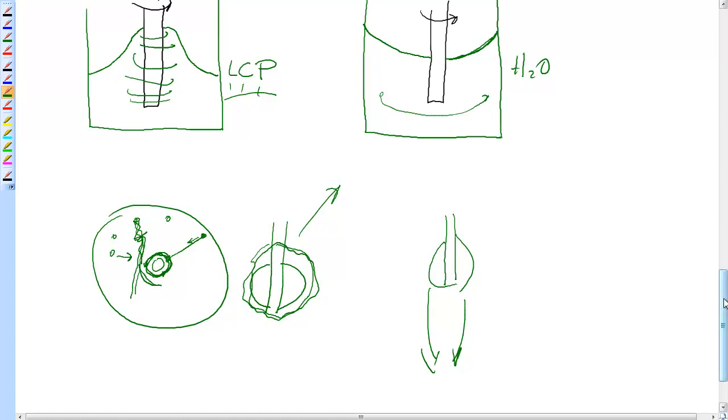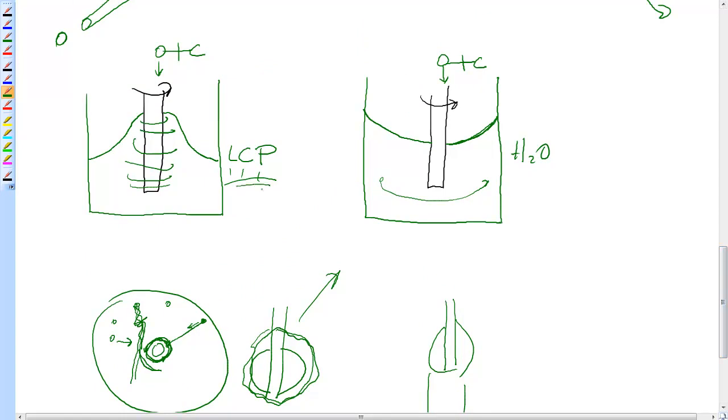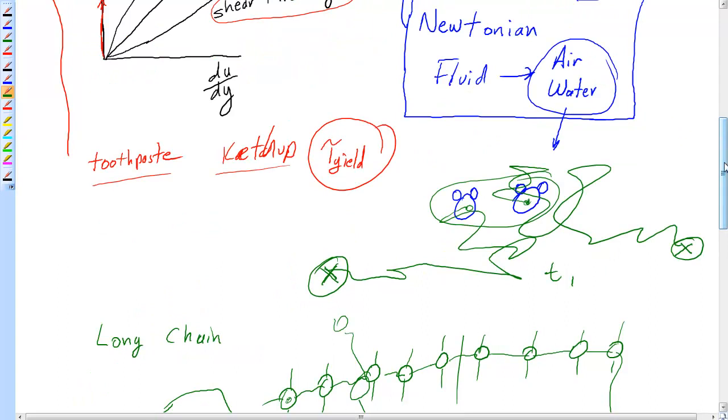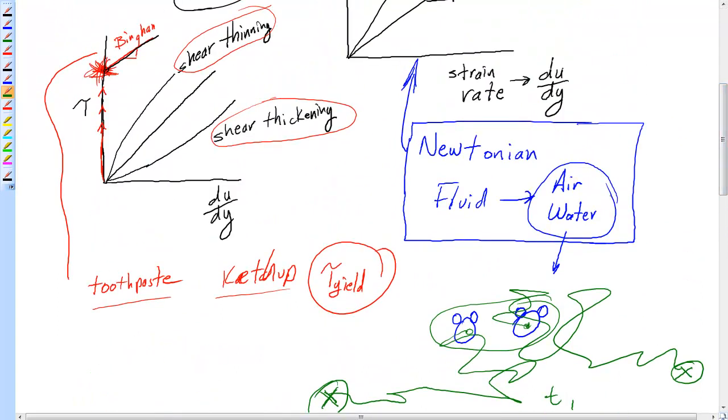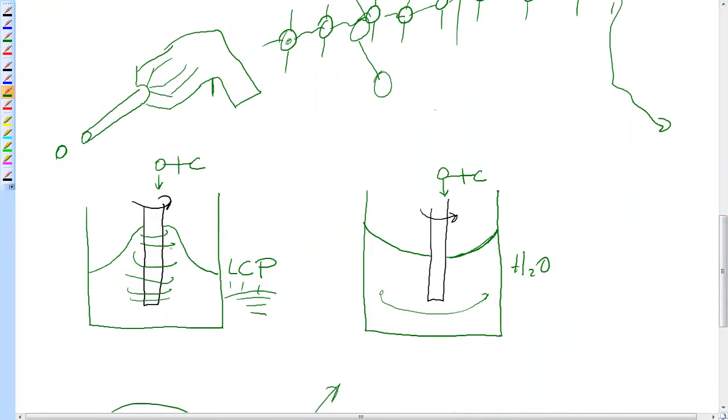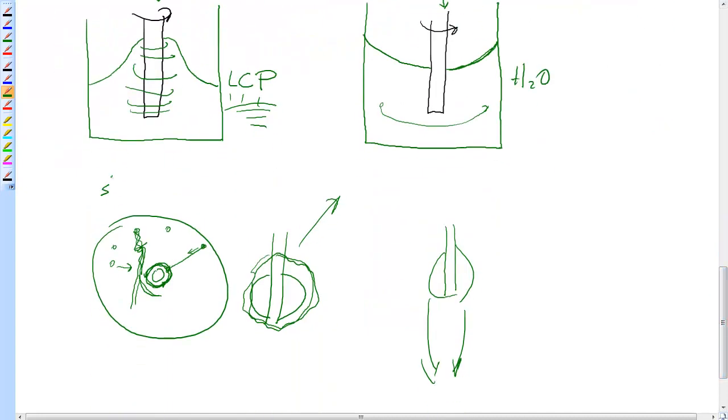So the fact of the matter is, long chain polymers behave much different than just simple dispersions of molecules. The long chain polymers are connected to each other. They behave different. They essentially behave somewhat like a solid and somewhat like a fluid as well.